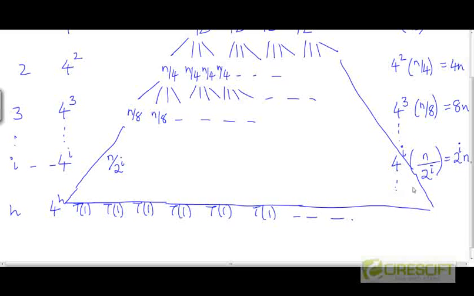At the penultimate level, we will have a total cost of 4 to the power h minus 1, which is the number of nodes at level h minus 1, multiplied by the cost of each node, which is n divided by 2 to the power h minus 1. And that's going to be 2 to the power h minus 1 multiplied by n. And at the very last level, level h, we have 4 to the power h nodes. And the cost of each node here is T(1).